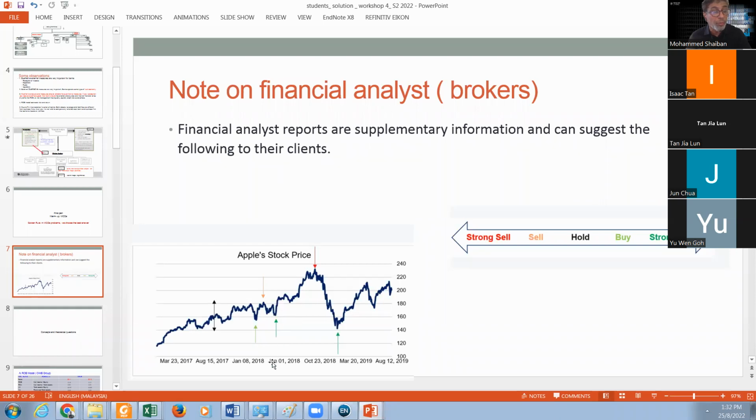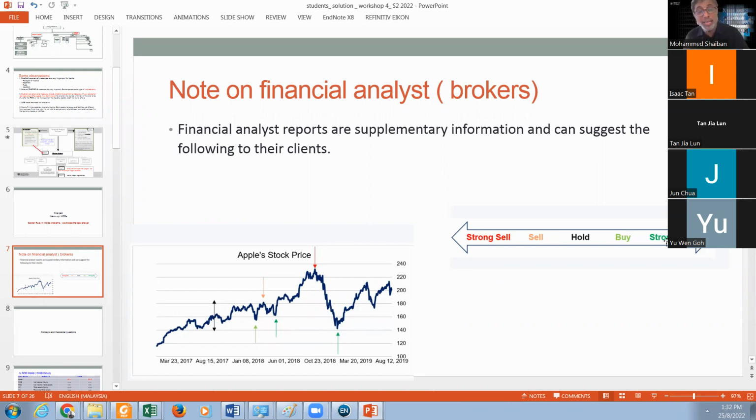If they are going to give you any advice, they will tell you buy now because they know the price is going up. And they know here is the peak of it, so they will tell you sell now and wait until here and buy. So actually they tell you strong sell or hold. They don't know. For example, here, hold. The market is very stable, there is nothing. But here there is this volatility and they can tell you.